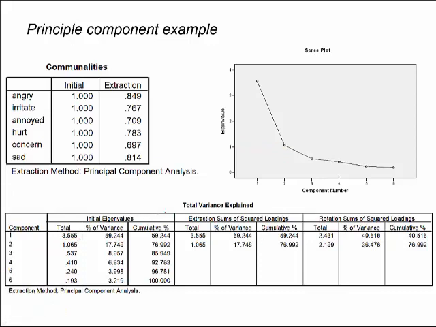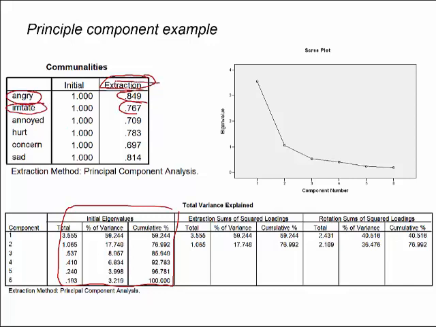So my initial solution extracted all the possible factors, or all the possible components, if I want to use precise language. And then my extraction solution, that's where I told the computer, now I just want you to extract 2 components. And so now we have the communalities based on just 2 components. So the communality is how much variance in the angry item is explained by just those 2 components, and how much variance in the irritated item is explained by just 2 components, and so forth.